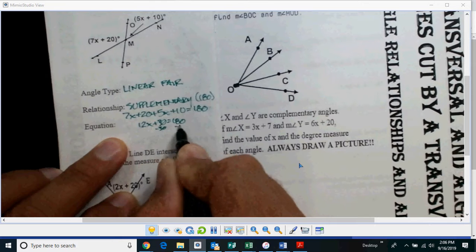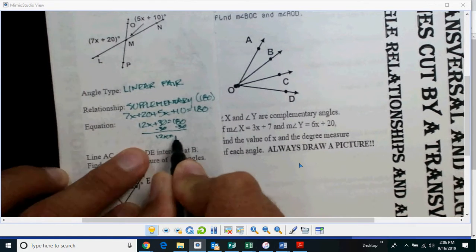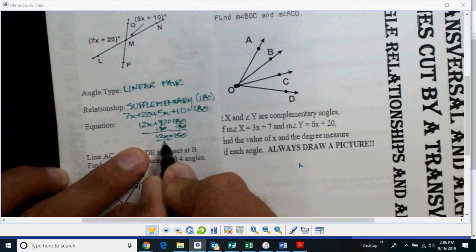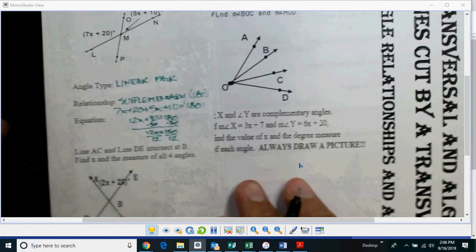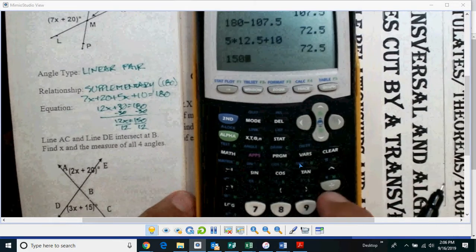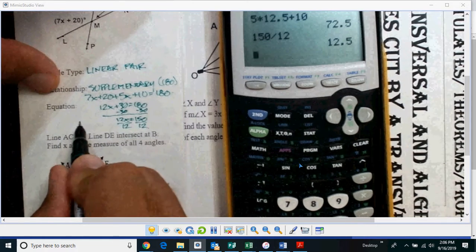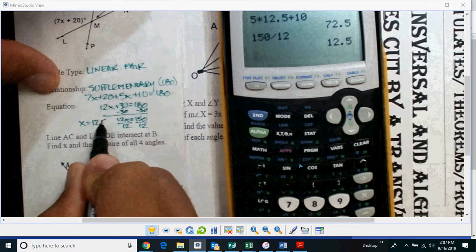Subtract 30. That gives me 12x equals 150. Divide by 12. 150 divided by 12 equals 12.5. So x is equal to 12.5.